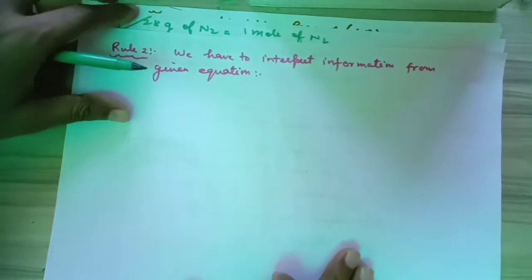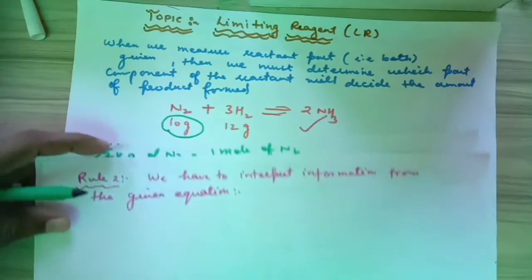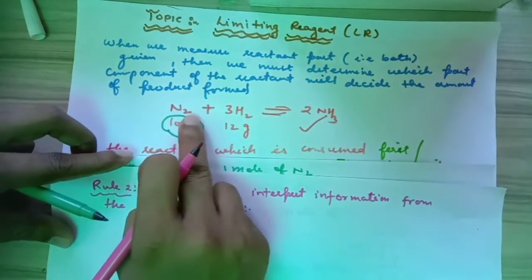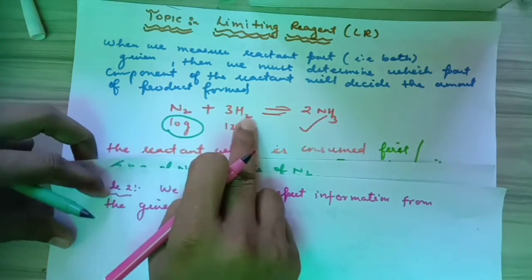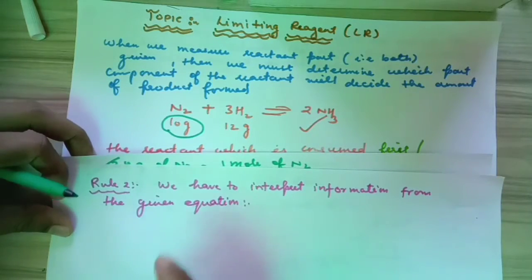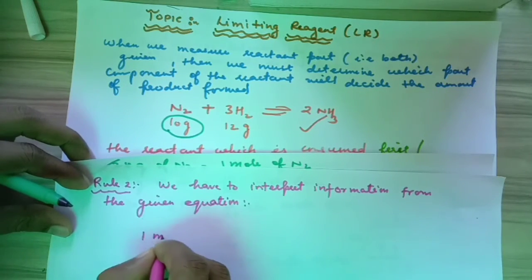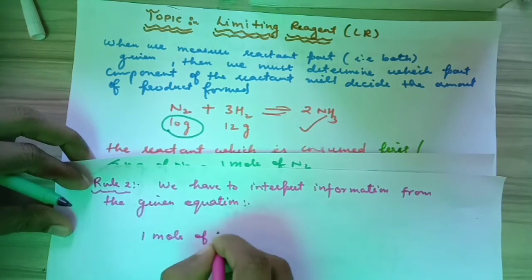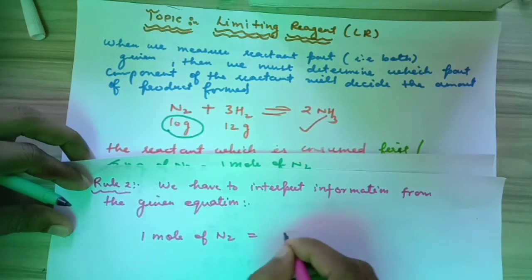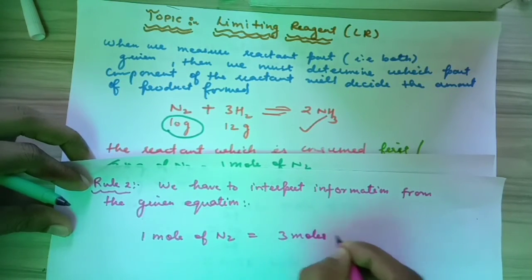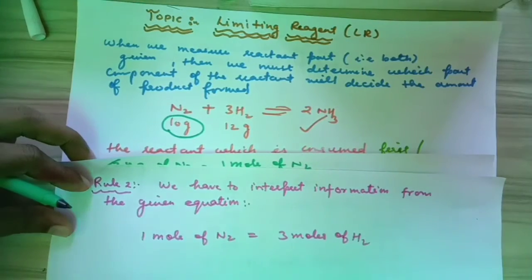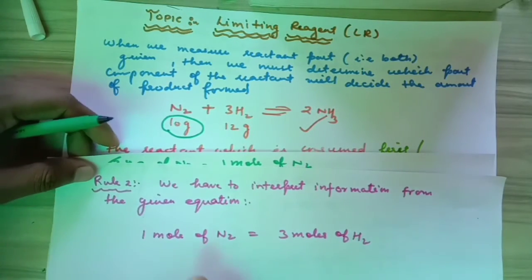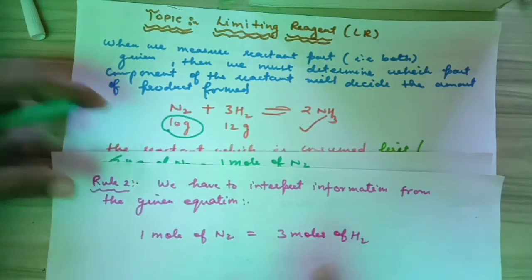So in the given equation we have 1 mole of N2 reacts with 3 moles of hydrogen. So in the given equation we have 1 mole of N2 gives 3 moles of H2. So now we know this is the basic interpretation.